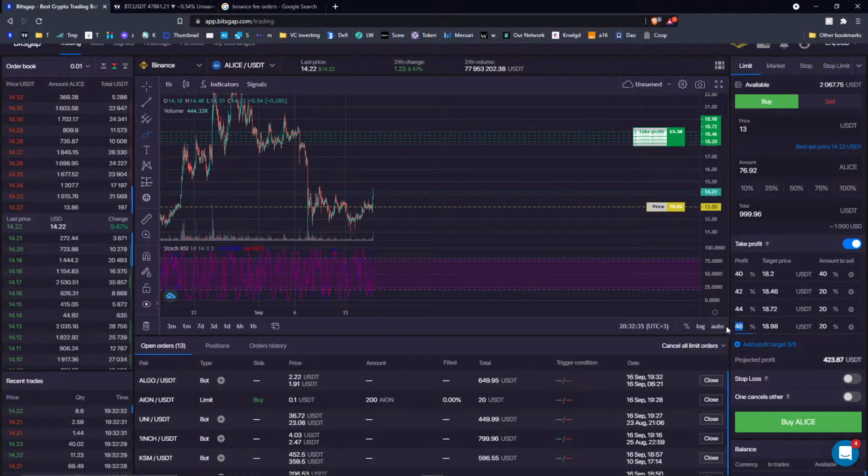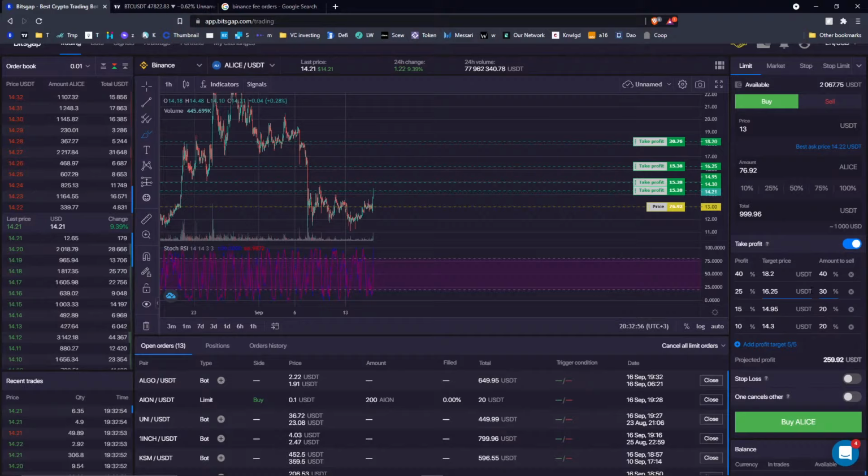So for example, instead of 40, you say, I want to sell 20% of my entire position once the price rises by 10%. Once it rises by 15%, I want to sell another 20% of my position. Once it rises to 25%, maybe this time I want to sell 30%.